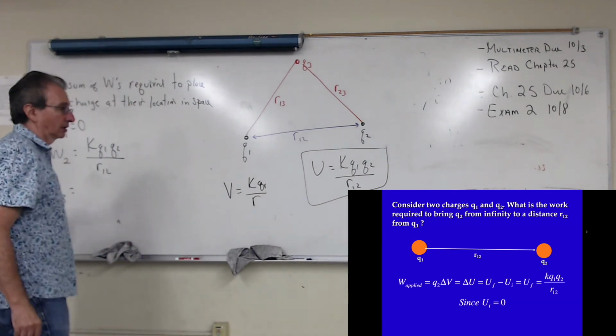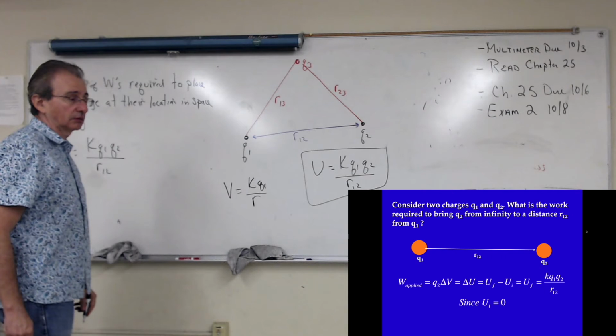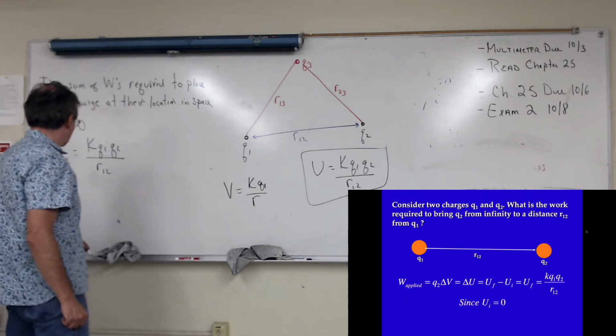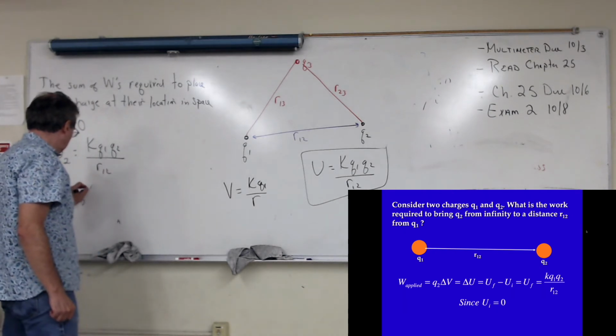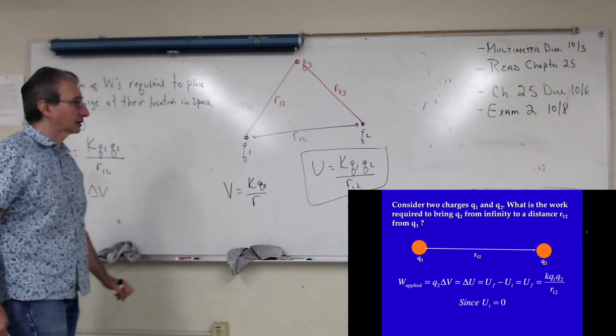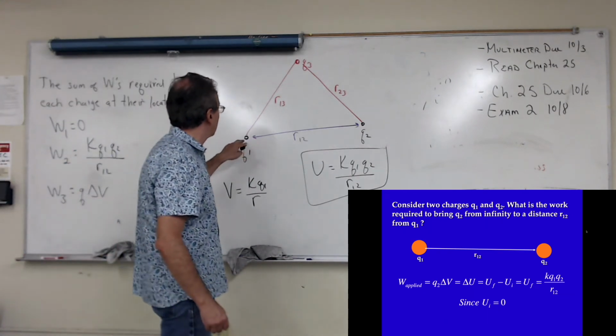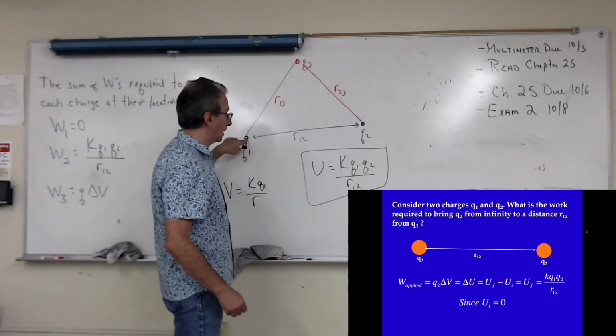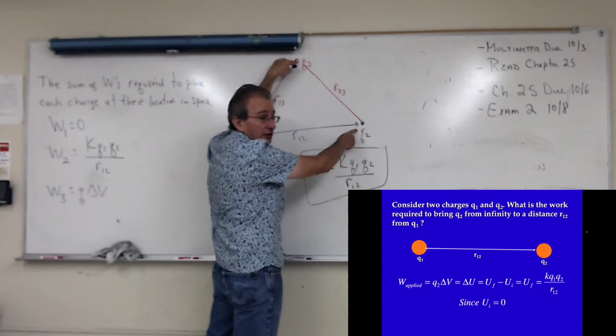What is this one? Well, I'm going to use Q delta V. Well, what's my delta V? My delta V is the delta V due to this charge and the delta V due to this charge.